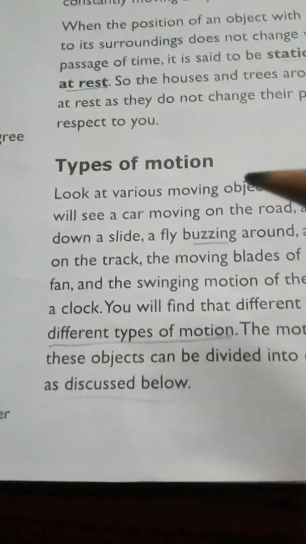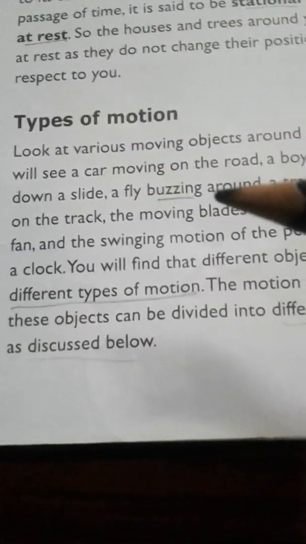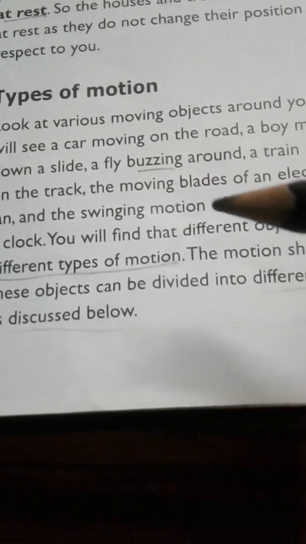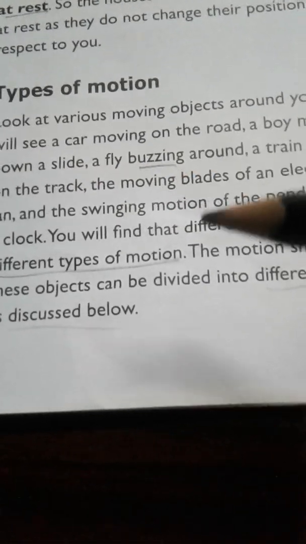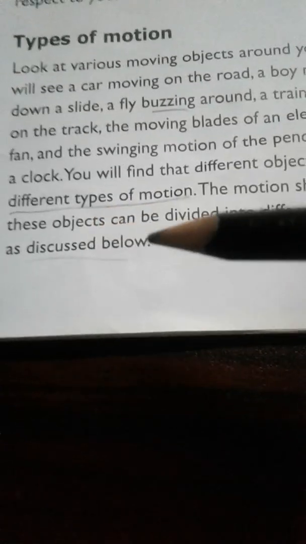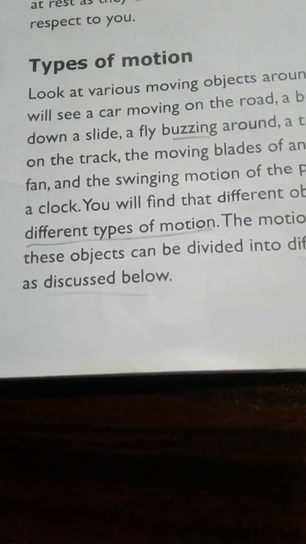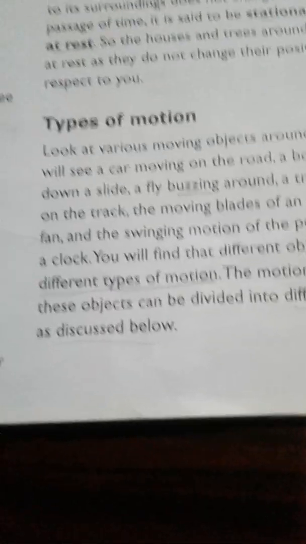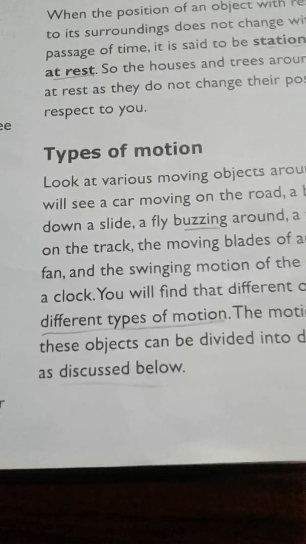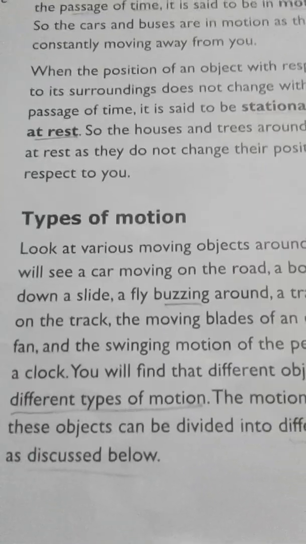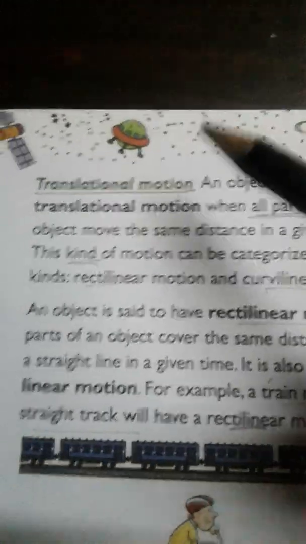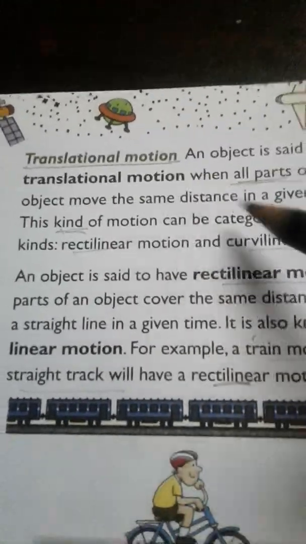Next, types of motion. There are some types of motion we will discuss here. The motions shown by objects are divided into different categories. Let us see translational motion.